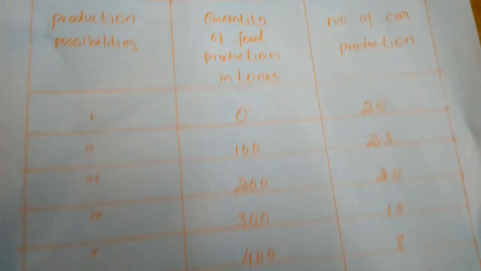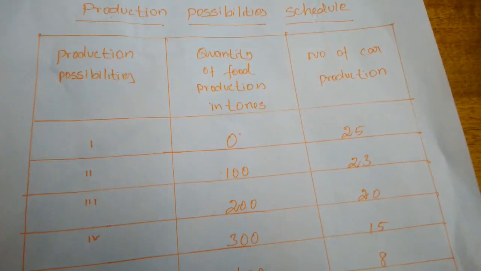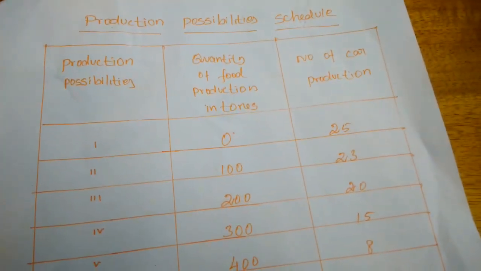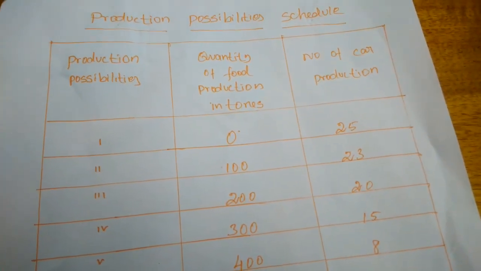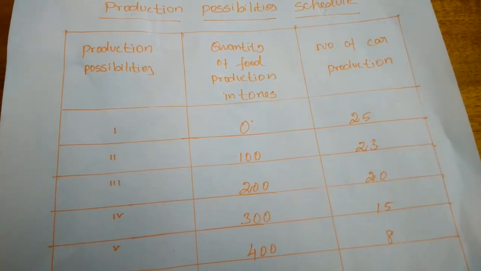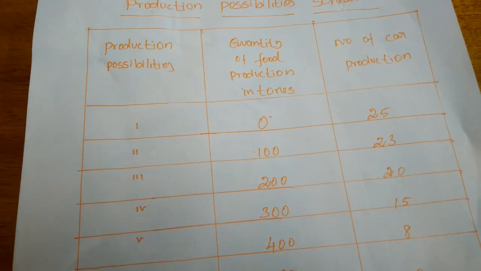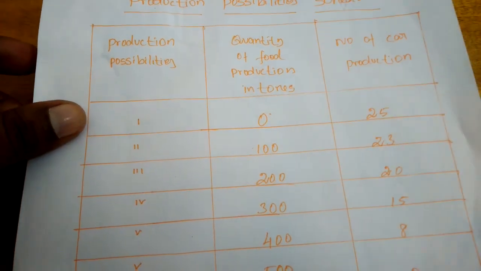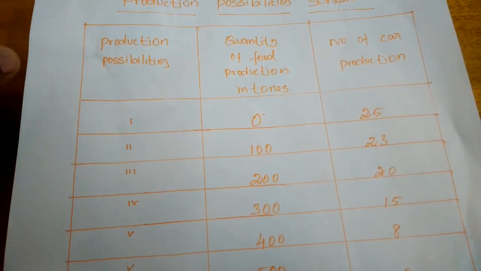How can we select? By using the production possibility curve, we can select any one of these two. So the explanation and analysis of the production possibility curve is based on some assumptions.